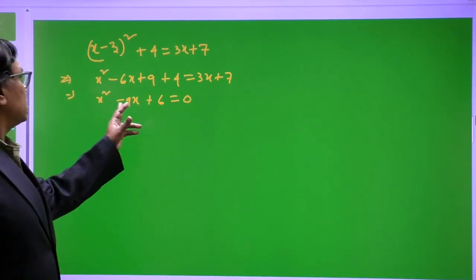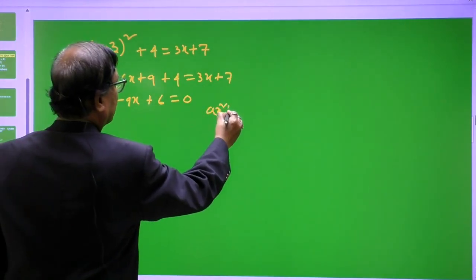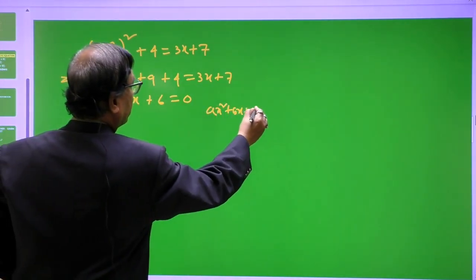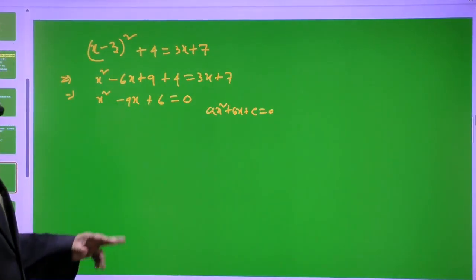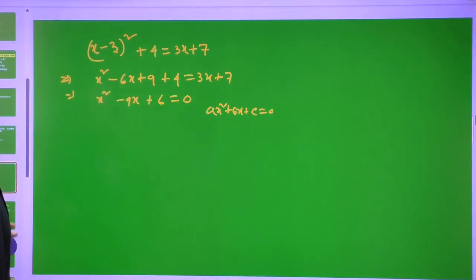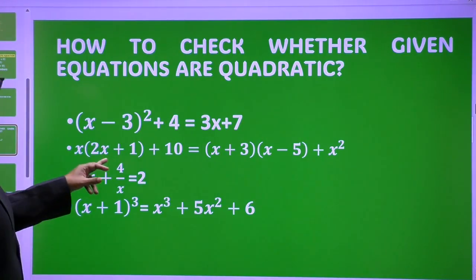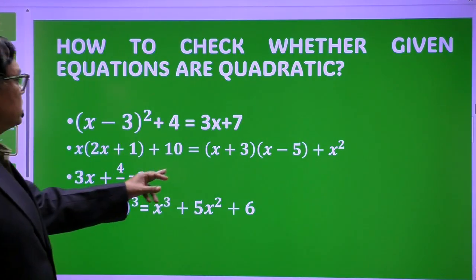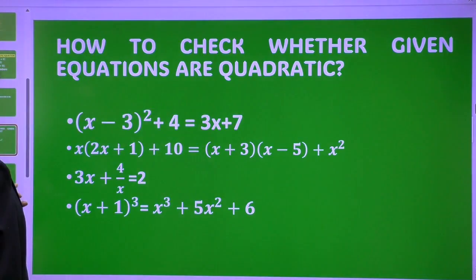So it is in the form of ax square plus bx plus c equals 0. That means it is a quadratic equation. Now take the second example: x into (2x plus 1) plus 10 equals (x plus 3) into (x minus 5) plus x square. Now simplify it.